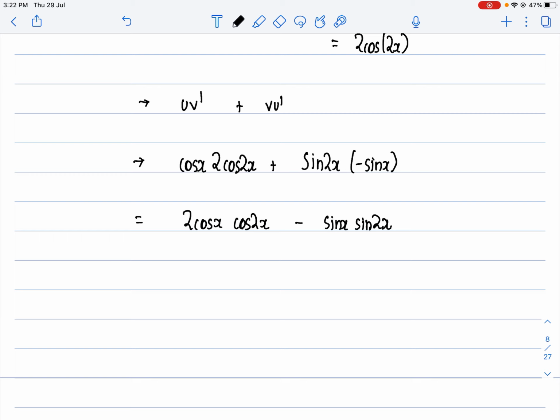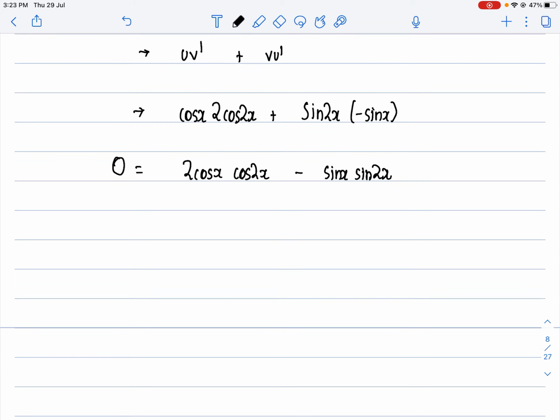To calculate x, we know it's a stationary point, so we equate the dy by dx to 0. Now to calculate x, you need to recall a little bit of trigonometry. Here you can use the cos double angle formula and the sine double angle formula.